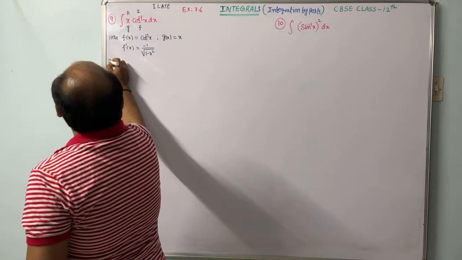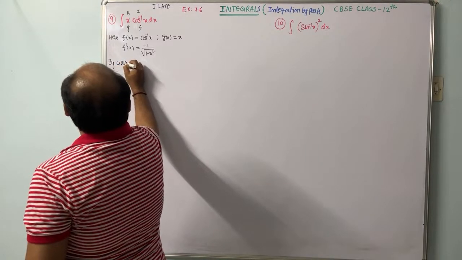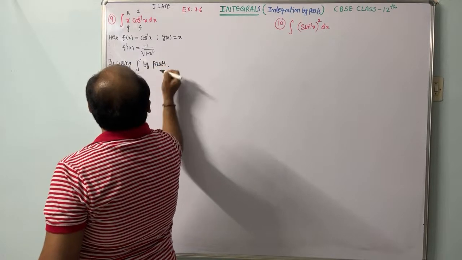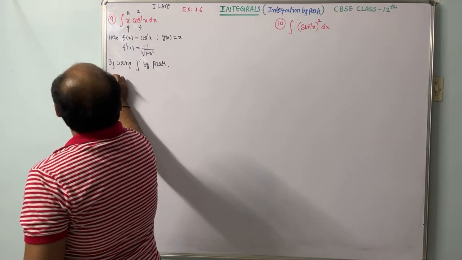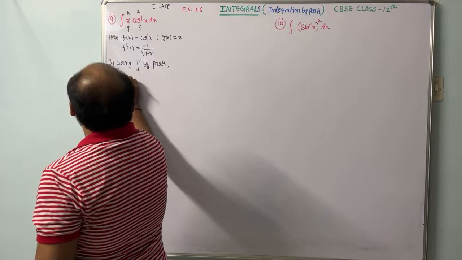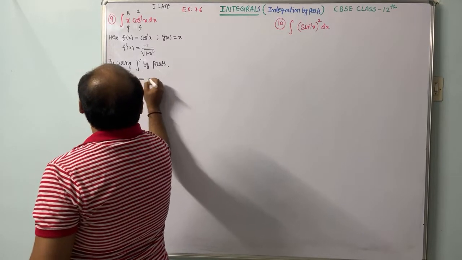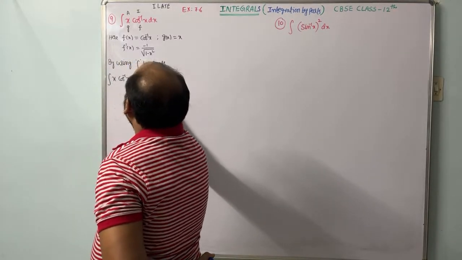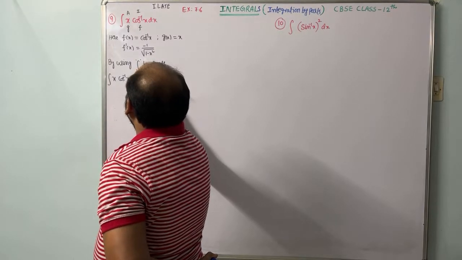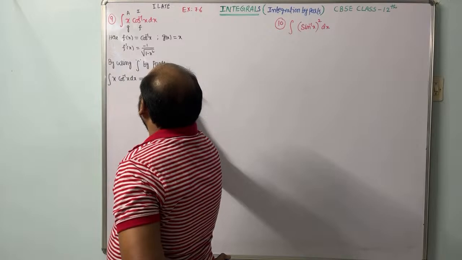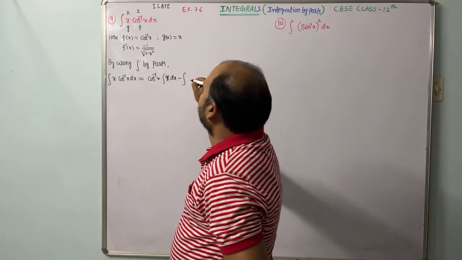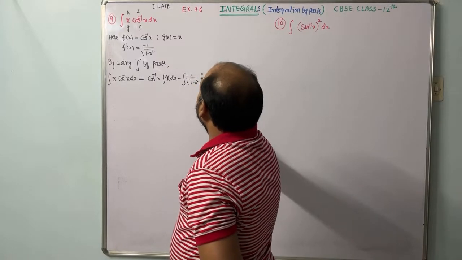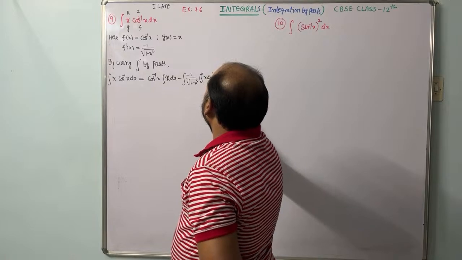So by using integration by parts, integral x into cos inverse x dx equals f of x, which is cos inverse x, into integral of g of x, which is x, into dx, minus integral of f dash of x, which is minus 1 by root of 1 minus x square, into integral of g of x dx.